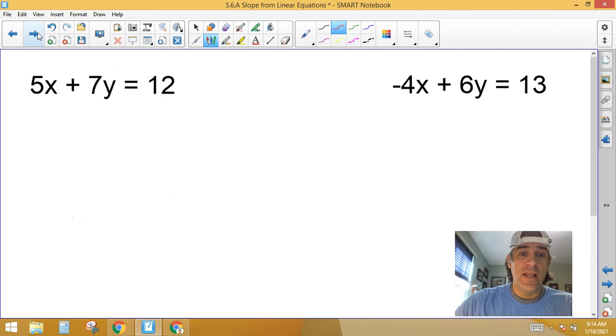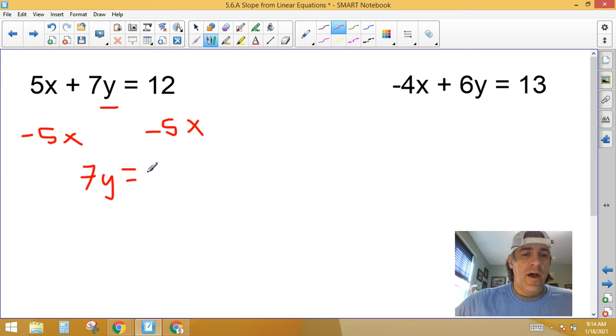Okay, so let's go through that. I'm going to work on the one on the left first. If I want to isolate my y value, I need to first subtract 5x from both sides. So now I'm left with 7y equals -5x plus 12. Make that look more like a 5. I know.